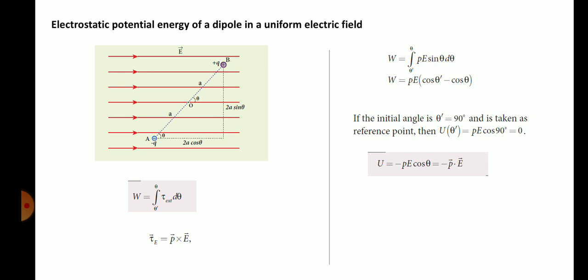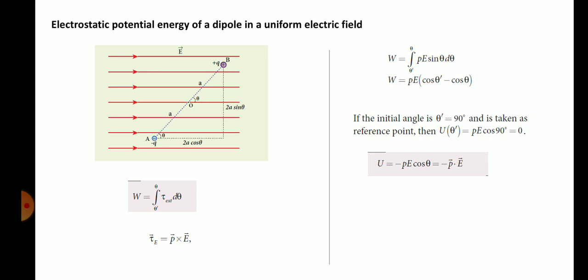When a dipole is placed in a uniform electric field, it experiences a torque, that is, a turning force acts on the charges. Here what will be the potential energy? When the dipole is rotated in a uniform electric field, work must be done. That work will be stored as potential energy, correct? That potential energy we are going to calculate.